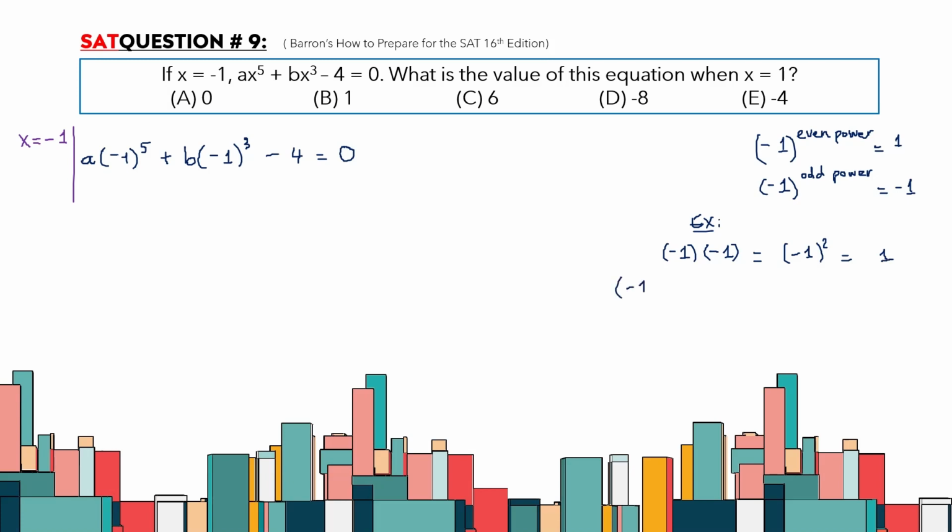If we have -1 times -1 times -1, equal -1 to the power of 3, that gives us -1.